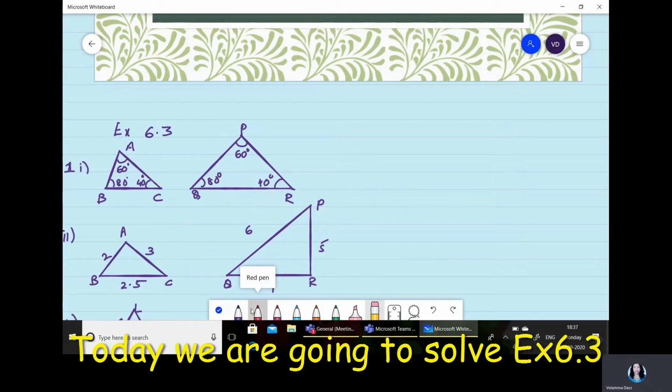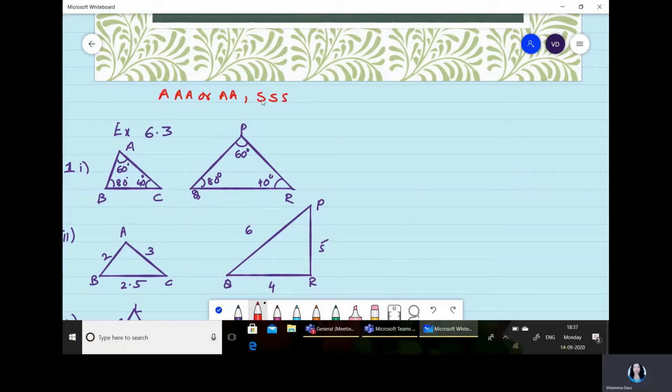As a quick recap, the criteria are: AA criterion, either you can say AAA or AA. The second criterion, SSS: if all three sides of a triangle are proportional to all three sides of the other triangle, then we say that the two triangles are similar by SSS criterion.